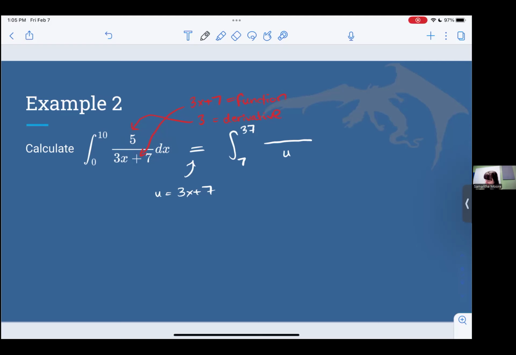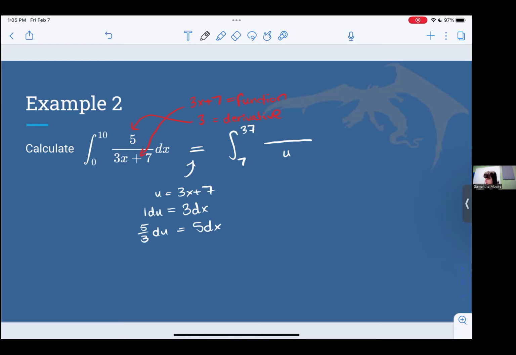So again, I'm going to take the u derivative of the left-hand side here and tack on my du. And that's going to be equal to the x derivative on the right-hand side with my dx tacked on. So I wanted 5 dx's. I now have a formula about 3 dx's. So if I multiply both sides by 5/3, I can see that 5/3 du is the same as 5 dx, and that's what I needed to replace.